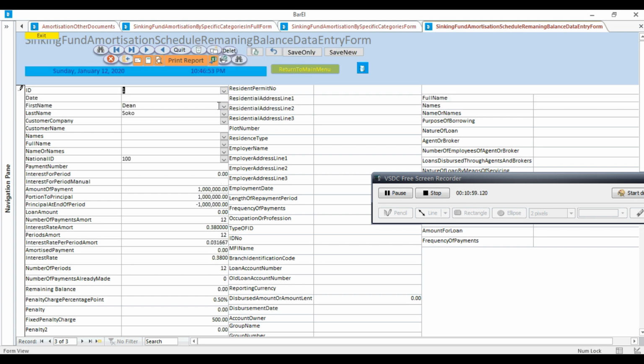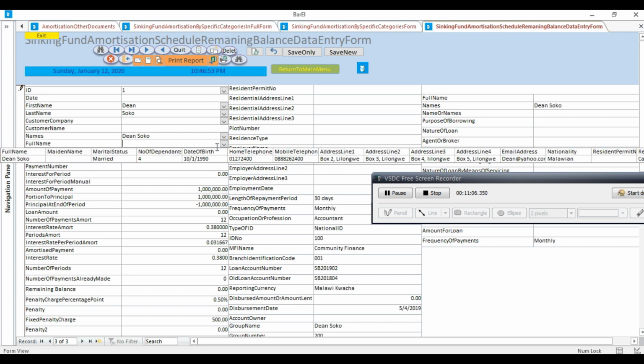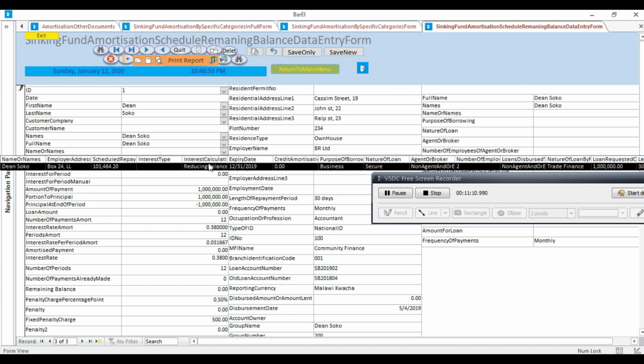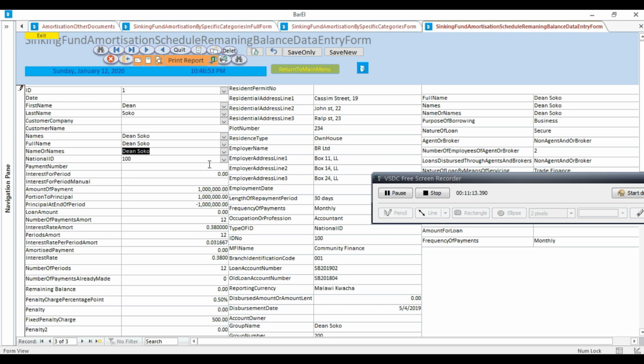Fill again, full name and other names. So this 930, right? This 930 becomes the loan amount here.